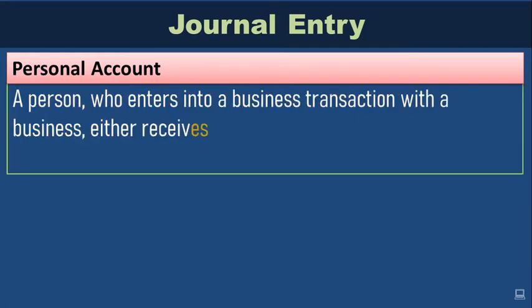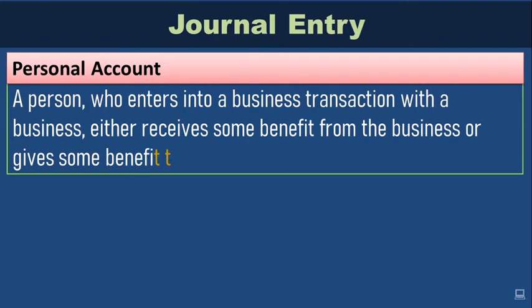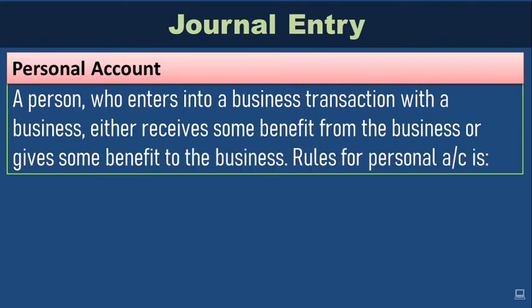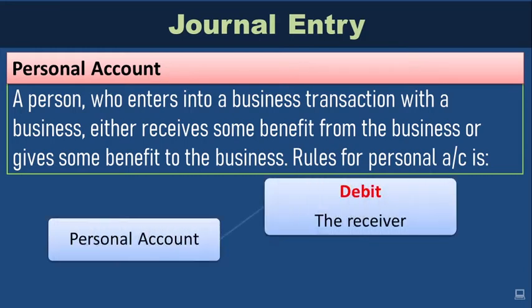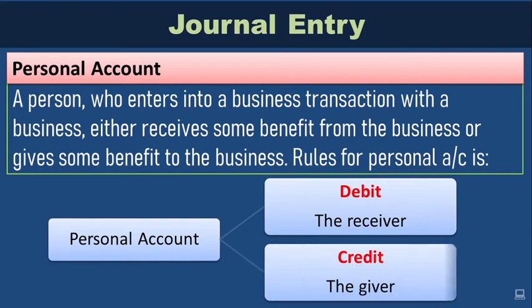A person who enters into a business transaction with a business either receives some benefit from the business or gives some benefit to the business. The rule for personal account is: debit the receiver, credit the giver.